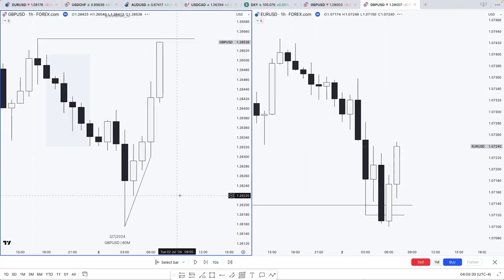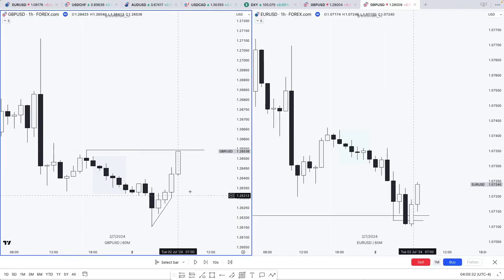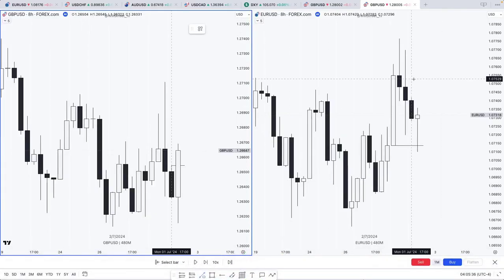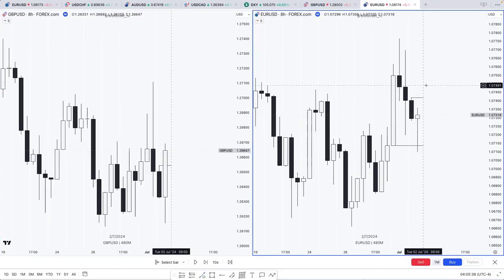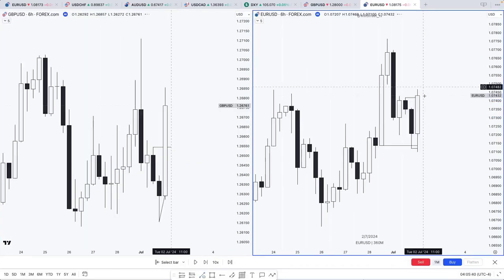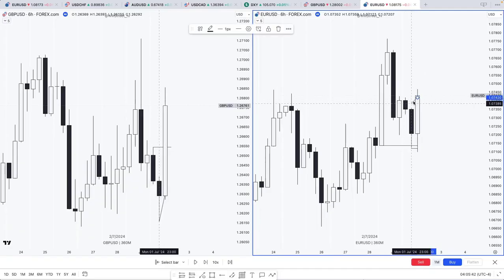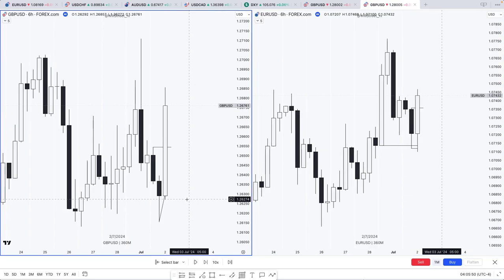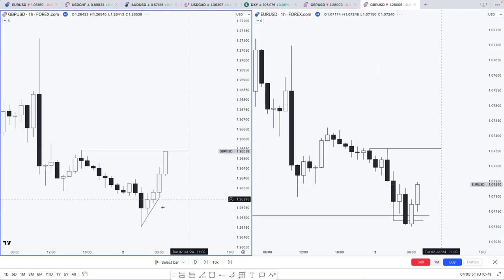Let's see how we can trade that day. Remember our target, it's here. Yeah, we can refine it a bit. And let's see how we can trade that one.